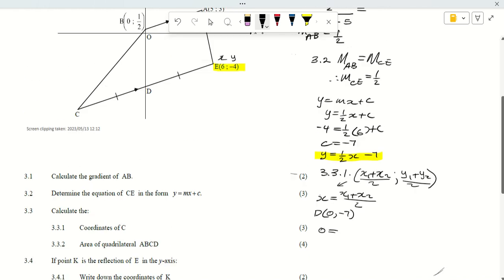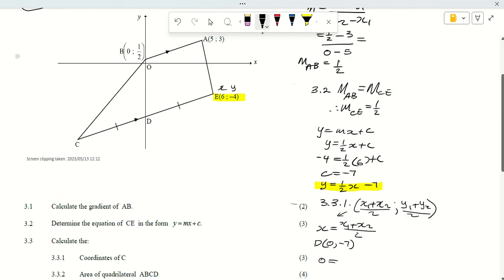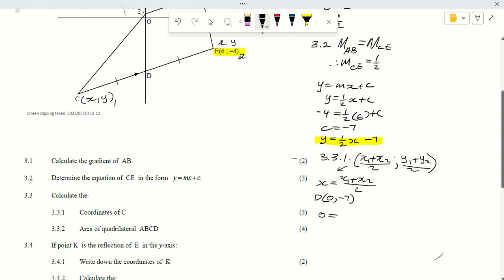So we need to label our points now. So I'm going to say this is x, this is y, right? I'm going to label this point as point 1, and this point as point 2. So now we have x1. X1, we don't have it. X1 plus x2 is 6 over 2.